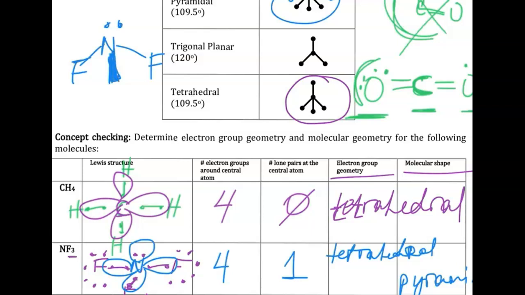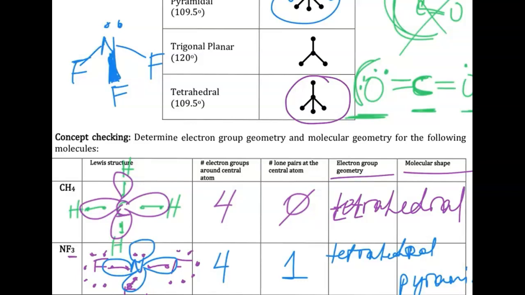I'm doing this wedge to show you that it's perpendicular to the paper, to the screen, so it's actually sticking out and looking at you. It's all the same distance from all the other fluorines. So this is pyramidal.